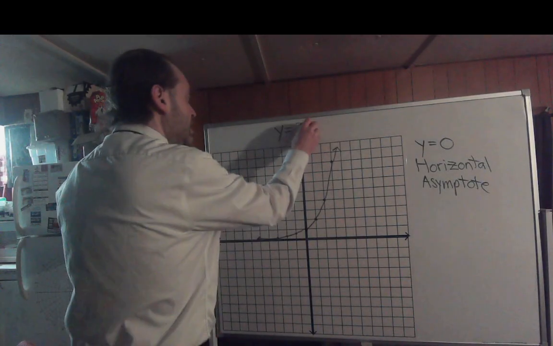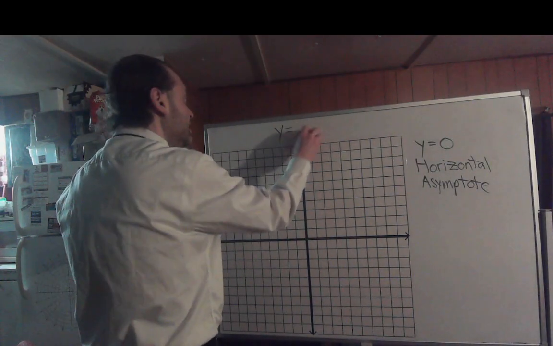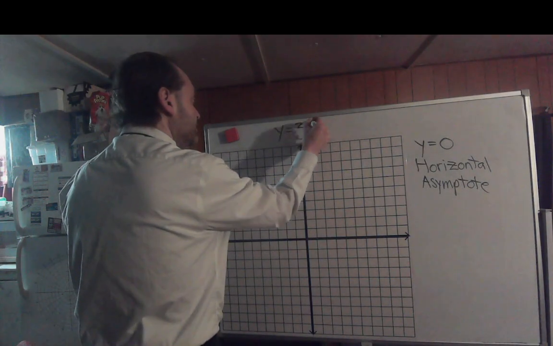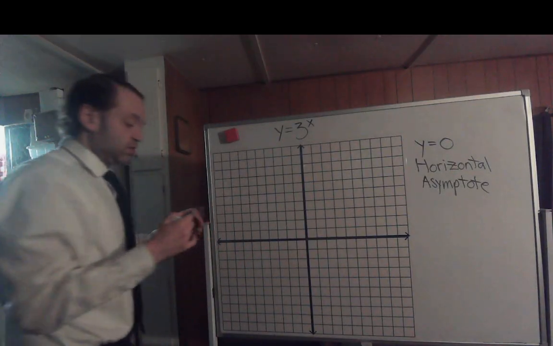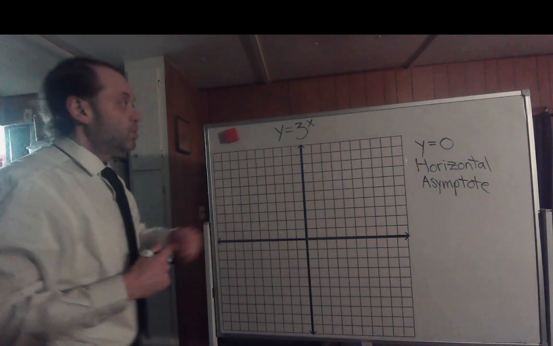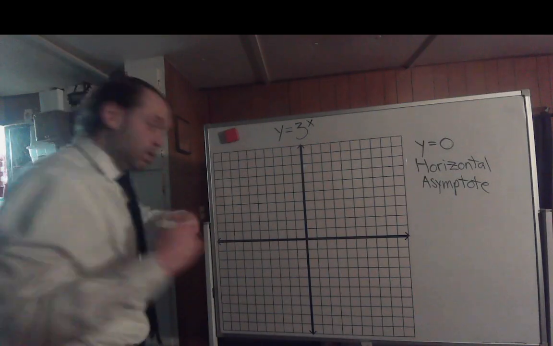Okay. Now, let's change it up just a little bit. Let's say I made y equal to 3 to the x. So this time y equals 3 to the x, right? Well, alright, so let's put in 0 for x. 3 to the 0 is 1.